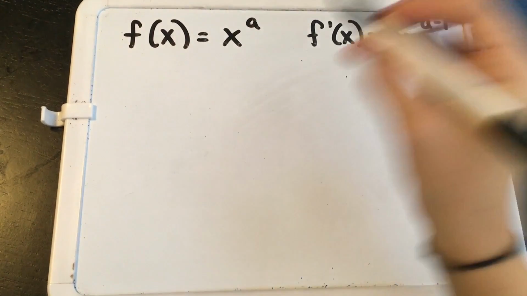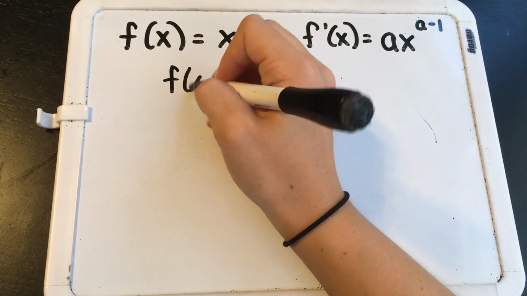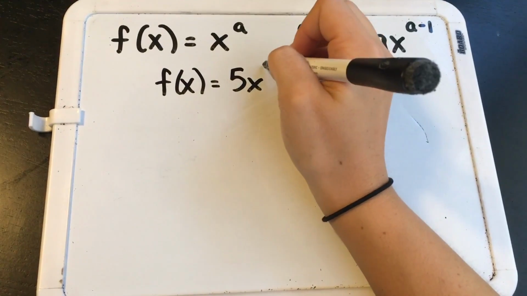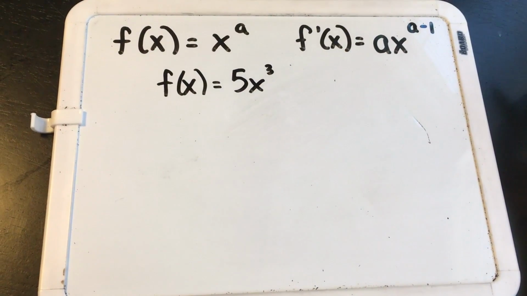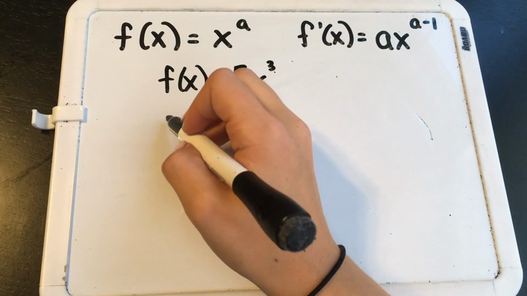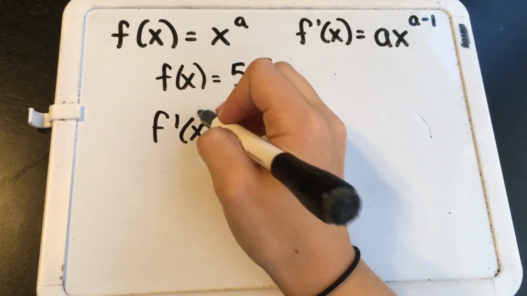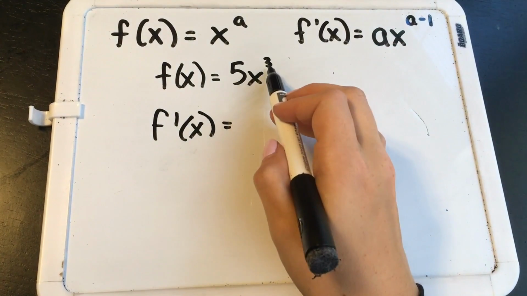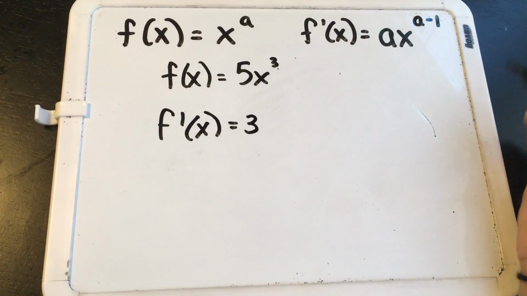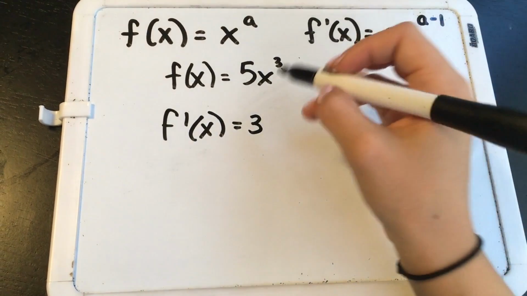Here's another example. F of x equals 5x to the 3rd. We're going to follow the same rule. We bring the exponent down, the derivative equals, bring the exponent down in front. The 3 comes down in front. Now we have a 5 in front of this x.